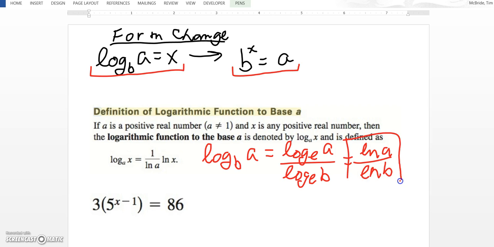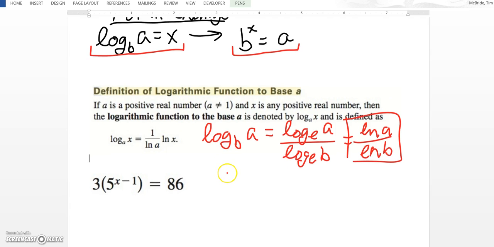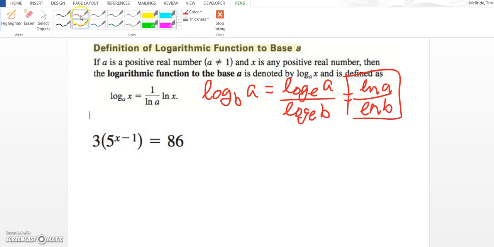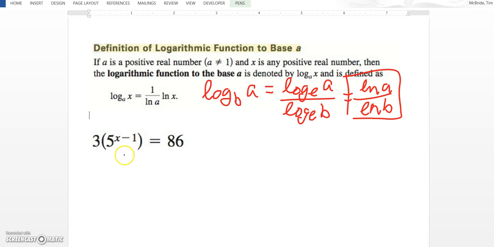The reason we want to switch it to this form is because we can plug that into the calculator. So we'll use that information to solve this equation.